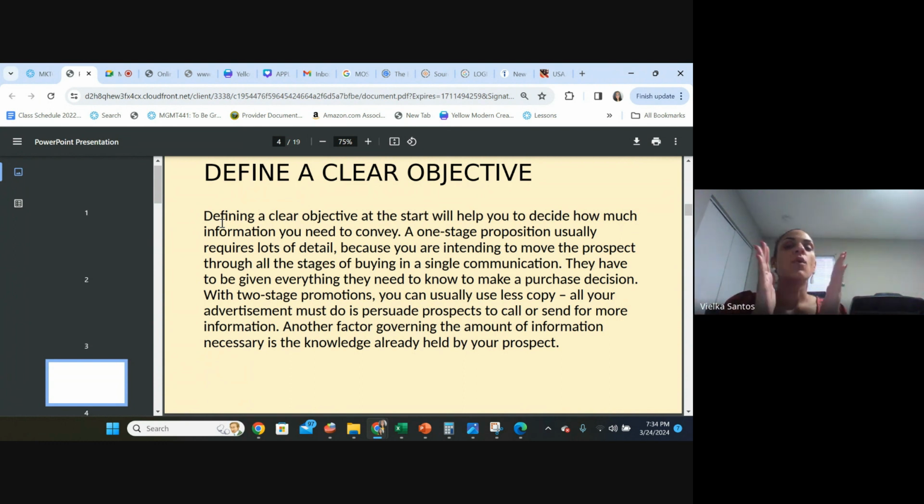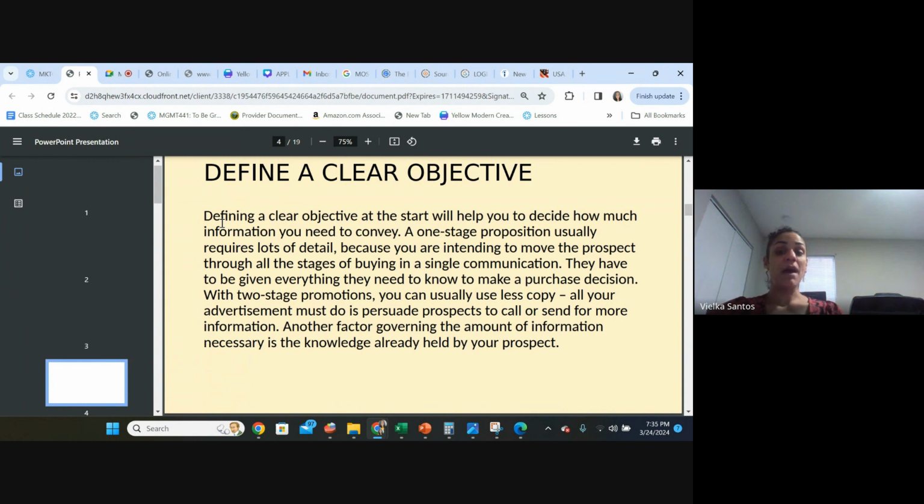At the end, we want to solve a problem of the society, and we want to serve those customers, this audience. We want to provide them a solution. All your advertising must do is persuade prospects to call or send for more information, because that's at the end what you want: for them to contact you, to engage them with your product, service, etc.